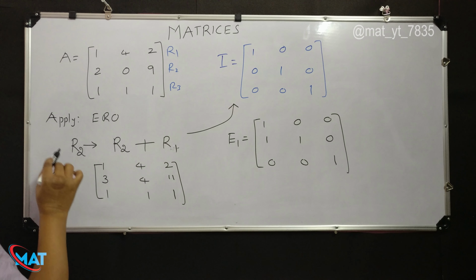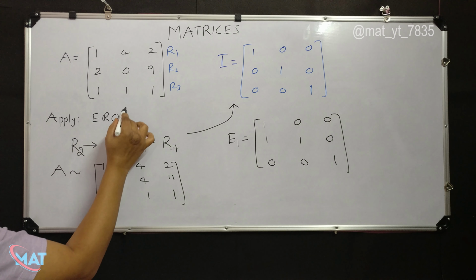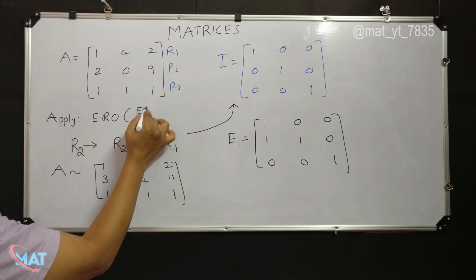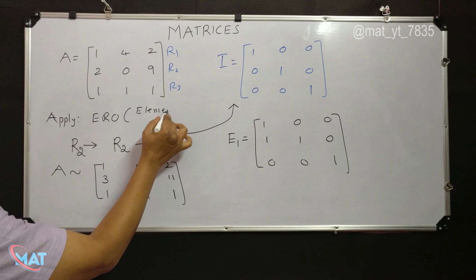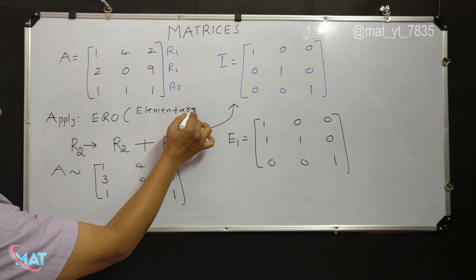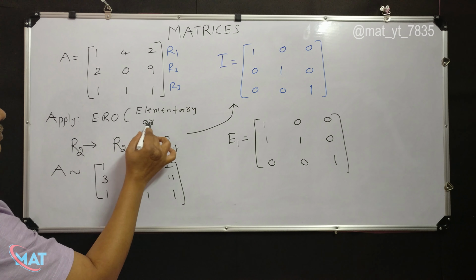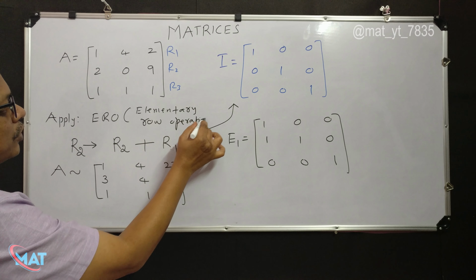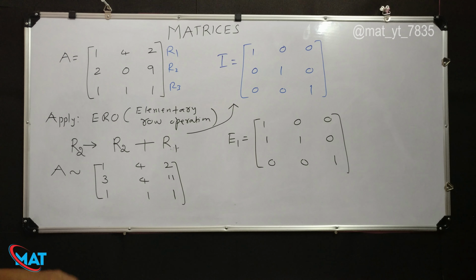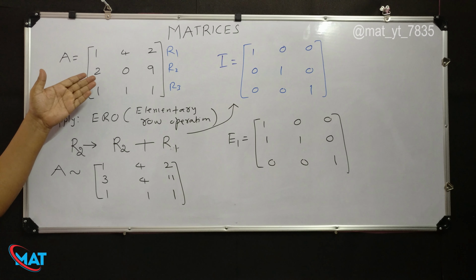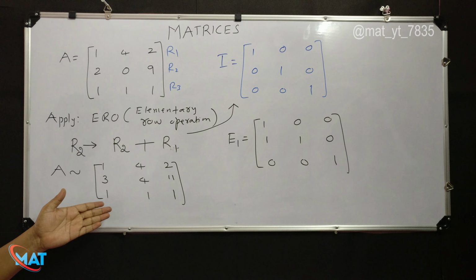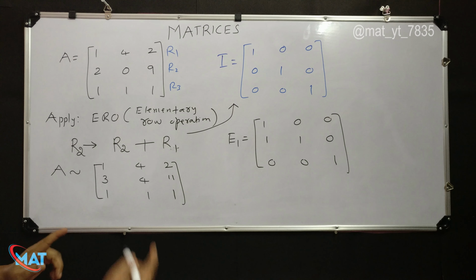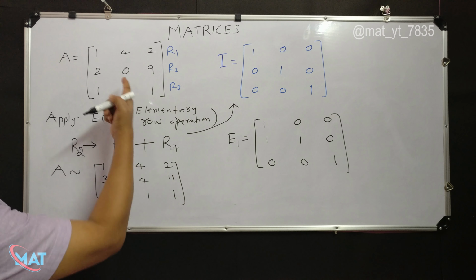When you apply ERO, elementary row operation, short form I wrote, on a matrix, we get a new matrix like this. But I would like to show the advantage of this one and this one.